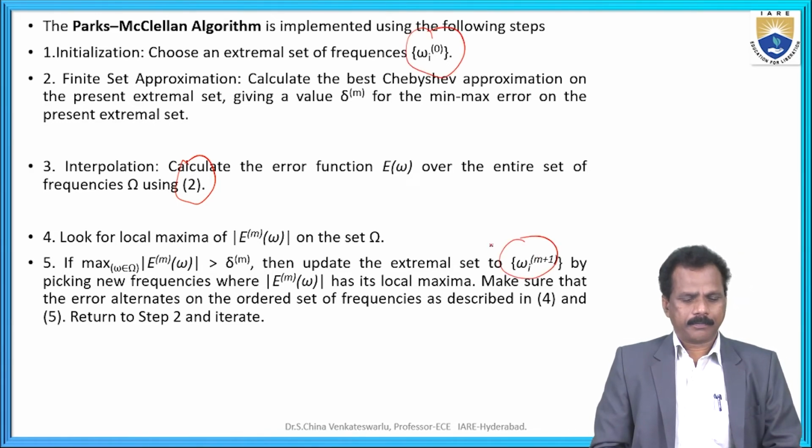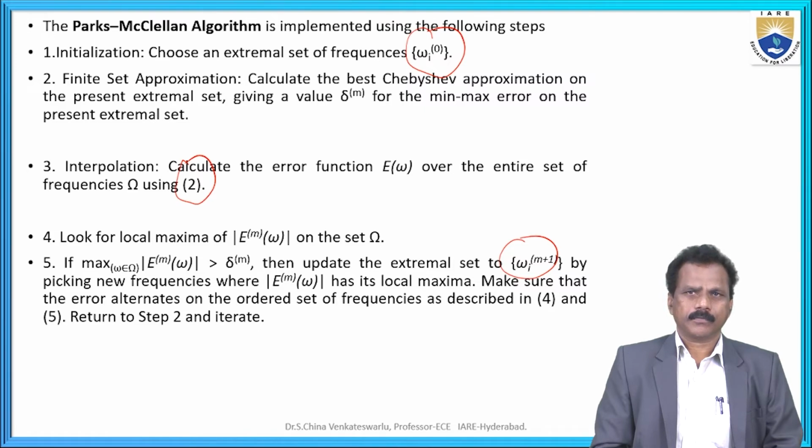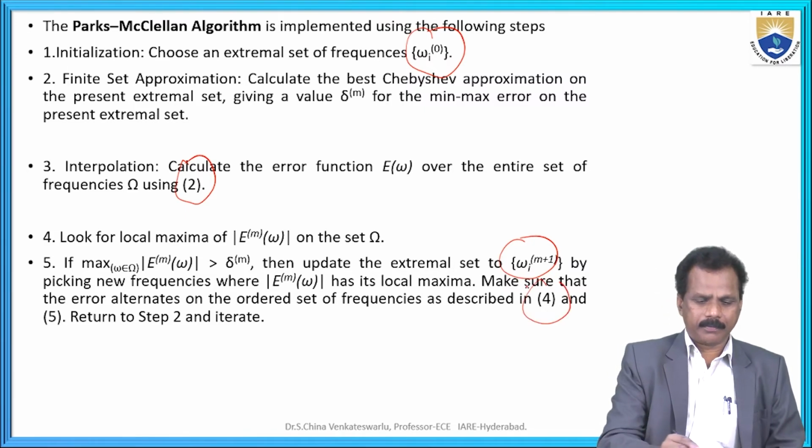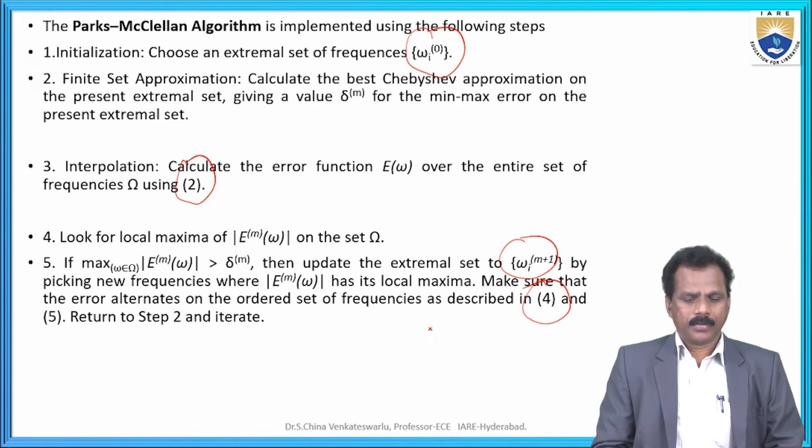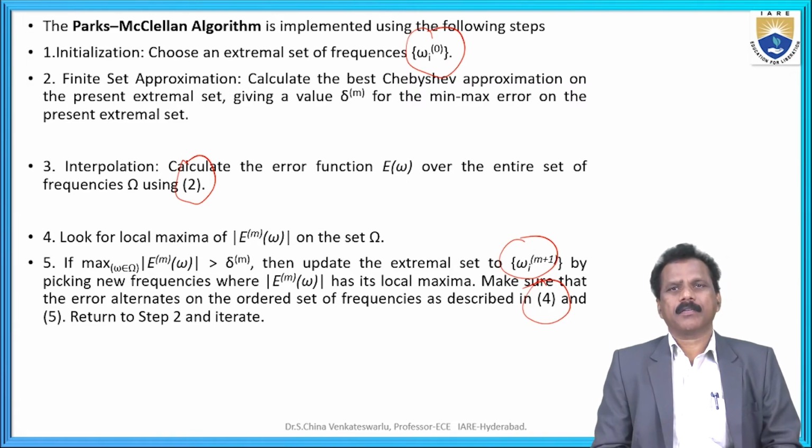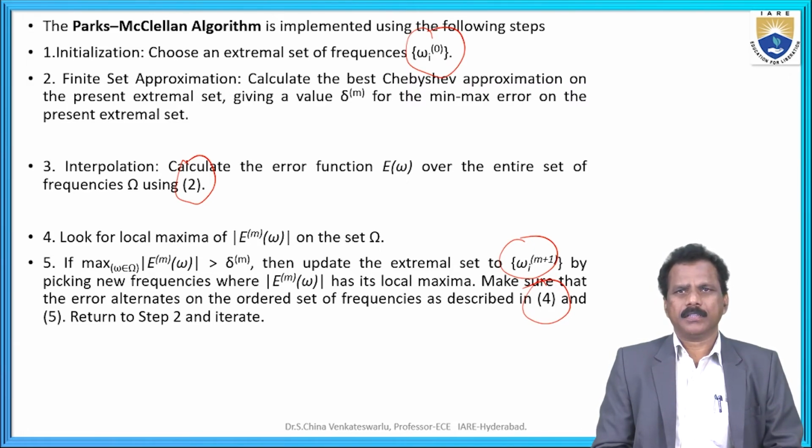By picking new frequencies where E m of omega has its local maxima, we make sure that the error alternates on the ordered set of frequencies as desired per step number 4. Step number 4 looks for the local maxima of E m of omega on the set omega.